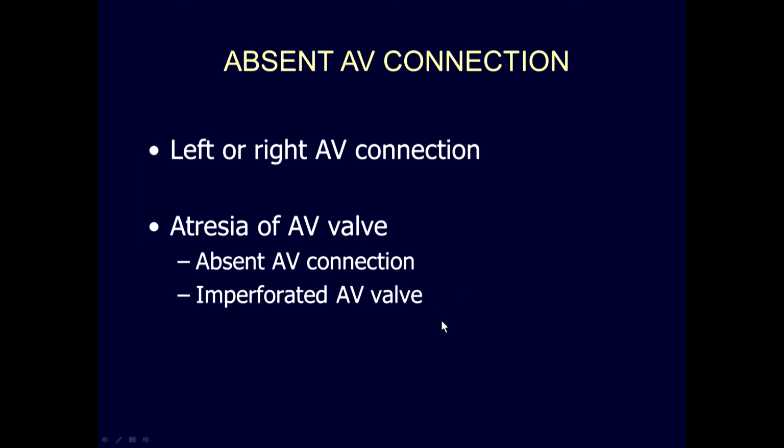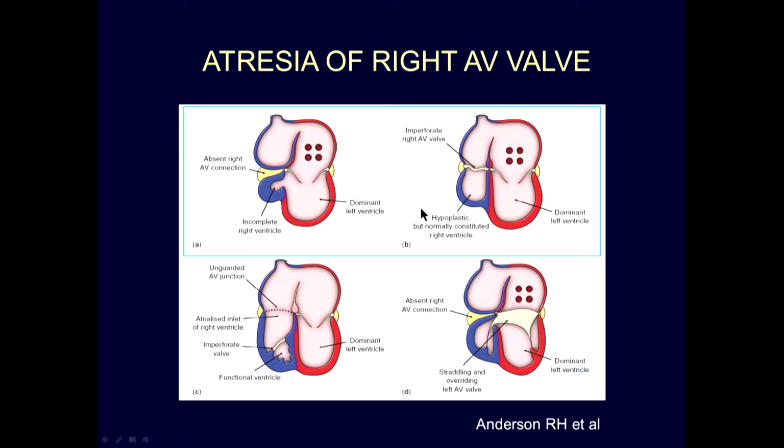And in the situation of absent AV connection, this is right AV valve atresia. This is the most common form of tricuspid atresia. There is no connection between the right atrium and right ventricle, and fibromuscular tissue is interposed in between.